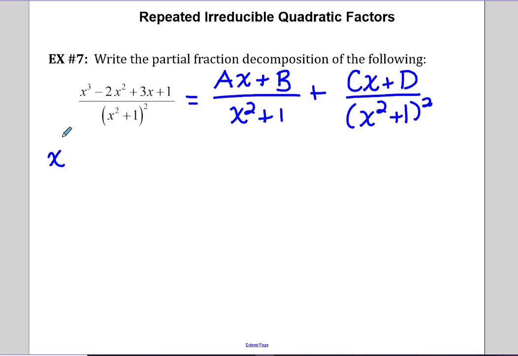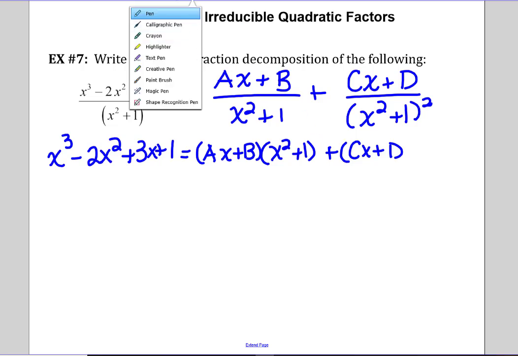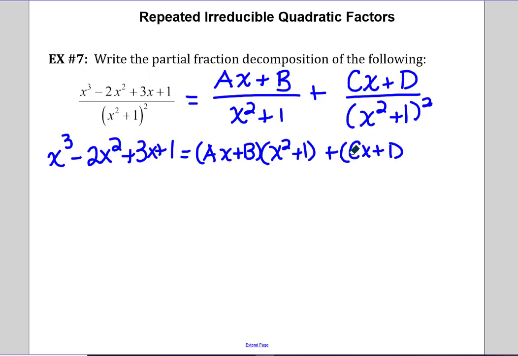And then clearing the denominator, x cubed minus 2x squared plus 3x plus 1 would be Ax plus B times x squared plus 1 and Cx plus D, times x squared plus 1 cancels. So that's all good.